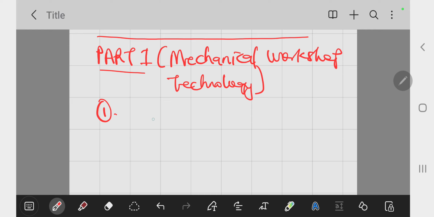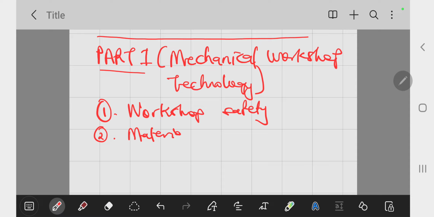Starting off at number 1, it's very important that you know what workshop safety is under the mechanical workshop technology. Then the second topic will most likely be material properties.